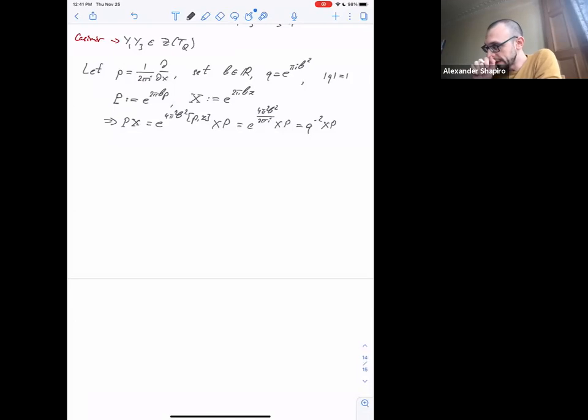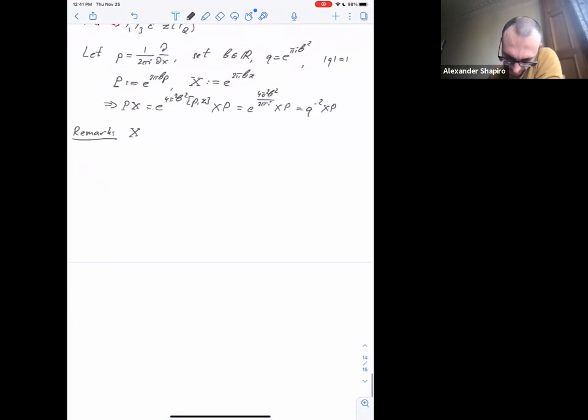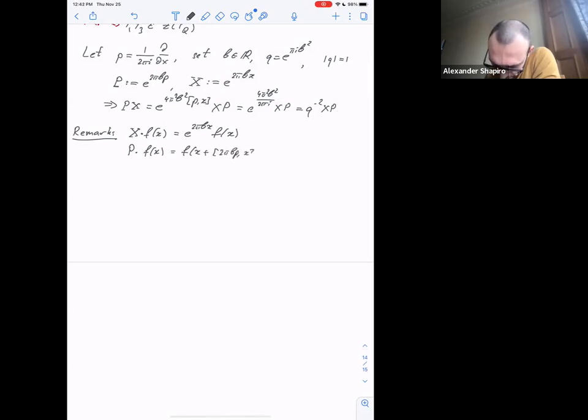Before I continue, let me just make a remark on how these operators X and P act. X, acting on a function f of lowercase x, is just e to the 2 pi b x times f of x. And P acting on f of x is f of x plus the commutator of 2 pi b p with x.